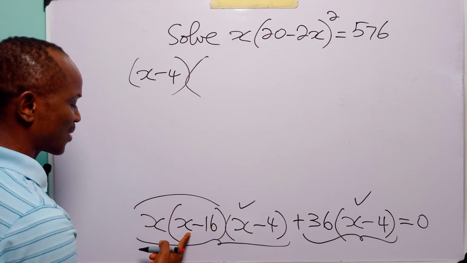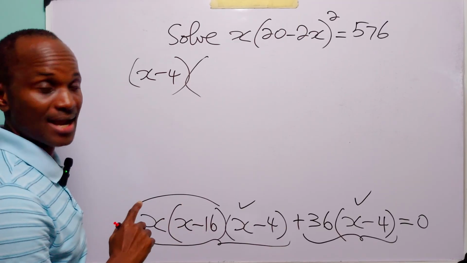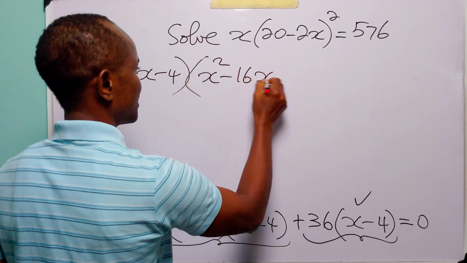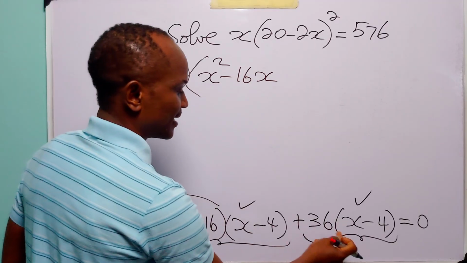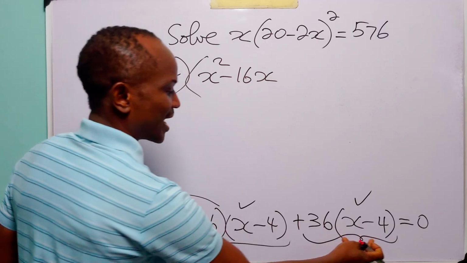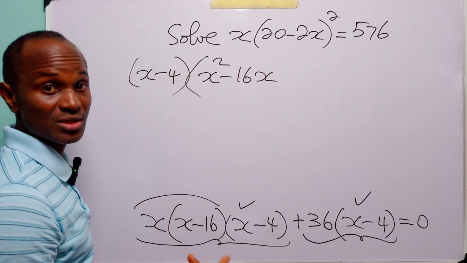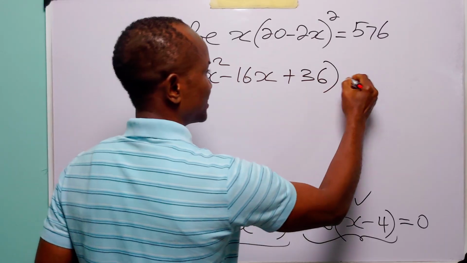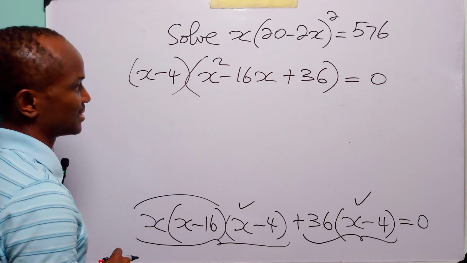That is x squared minus 16x. And here, 36 times x minus 4 divided by x minus 4 is going to leave us with 36, and this is equal to 0.